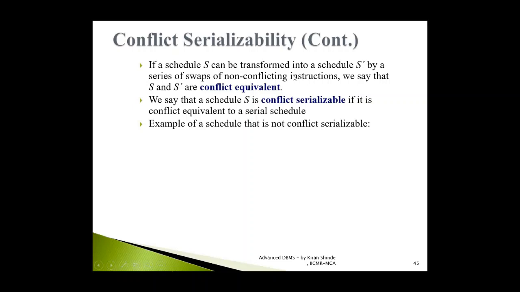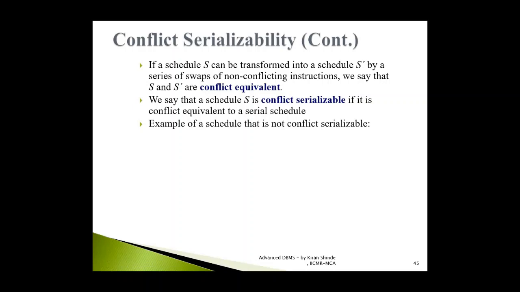Now, what do you mean by this? Up to this point, you have understood what instruction pairs are called conflicting instructions. Now, whatever schedule is given to you, if you can transform that schedule into another schedule by swapping certain non-conflicting instructions and then converting it into a serial schedule, then we can say that the given schedule is conflict equivalent.